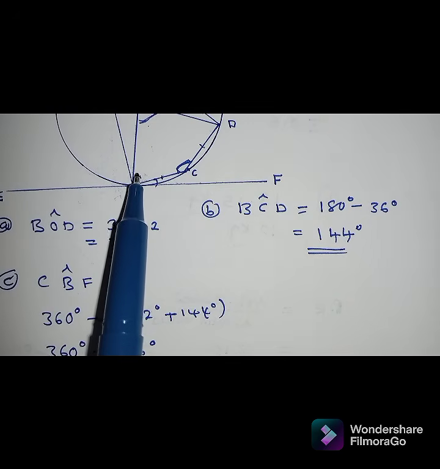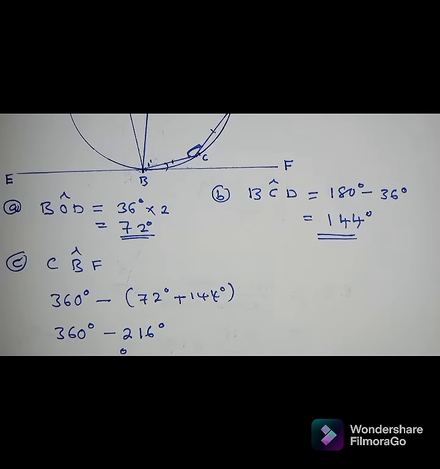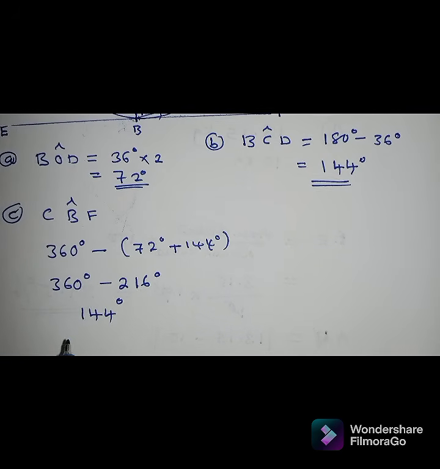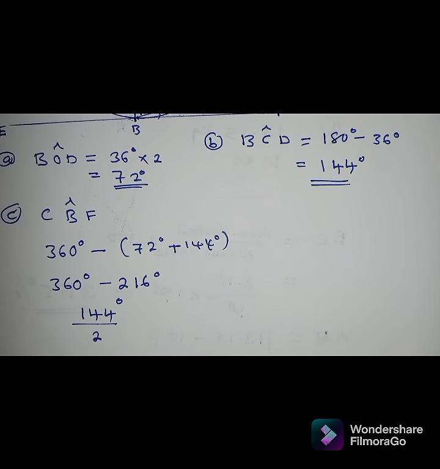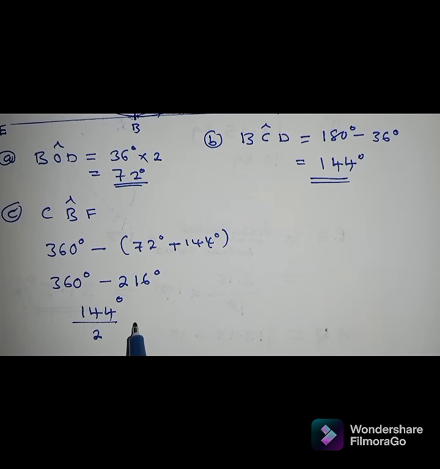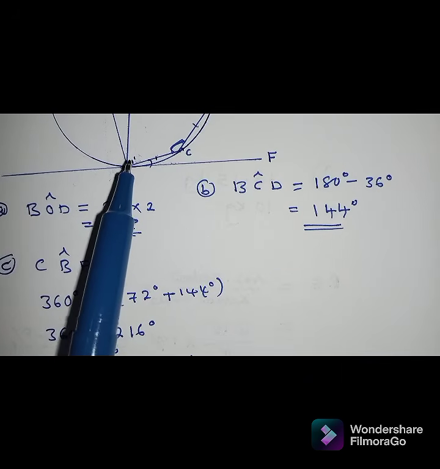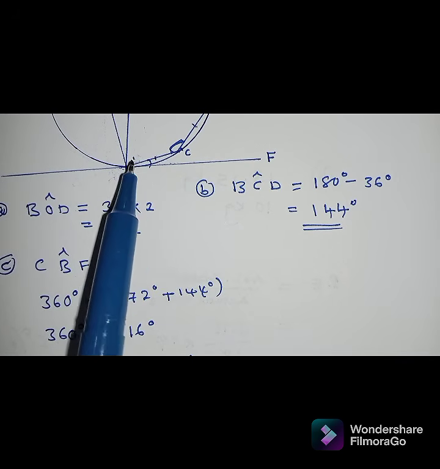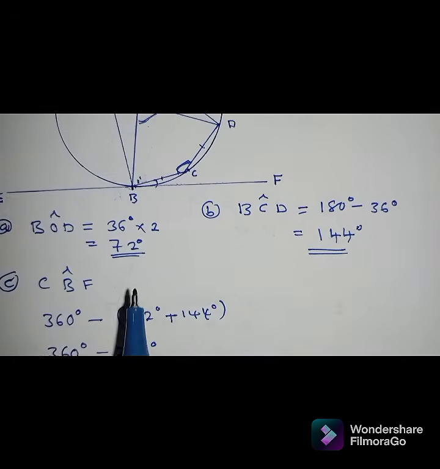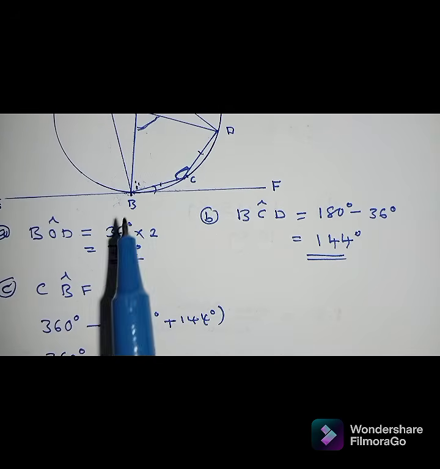If you want to find one of them, because we have two of them, we'll just divide by 2. So when you divide by 2, we are getting 72 degrees. So meaning these two angles, this and this, are 72 degrees each.